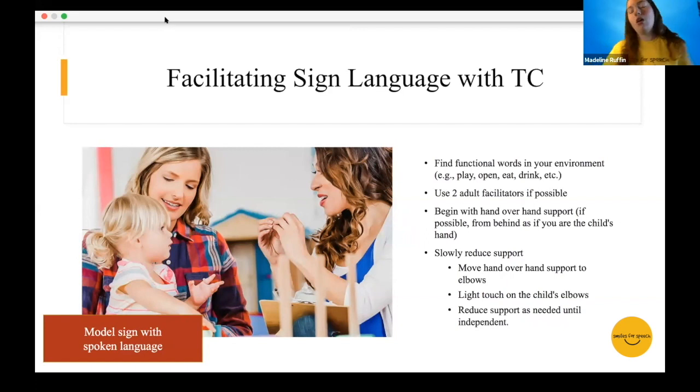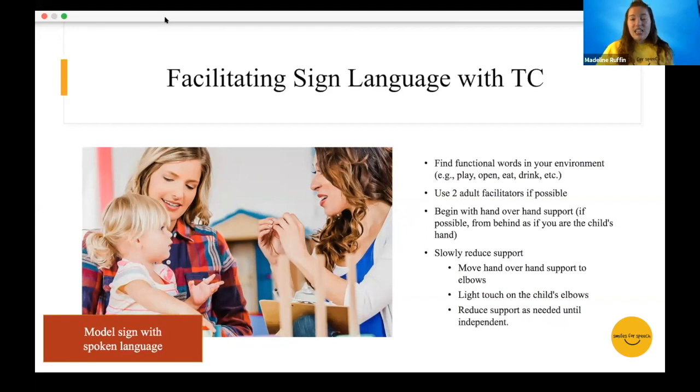So for example, one that I work on a lot is want in American Sign Language. And this is because it's so functional, because we can use want in a mealtime, we can use want in a moment of play, we can use want in a moment of frustration because they don't want it.